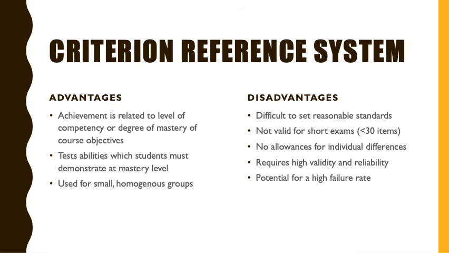The disadvantages are that it's difficult to set reasonable standards. And it is not valid for exams which are less than 30 items. There are no allowances for individual differences and it requires high validity and reliability. And lastly, it has a potential for a high failure rate on the part of the students.